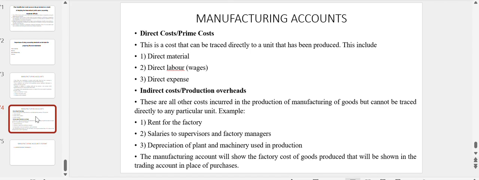But a laborer who is working directly, the wages you pay will be under direct labor. Rent for factory, depreciation of plant and machinery in the production process, this again forms part of the indirect cost. These are costs that are incurred, yes, but cannot be directly traced to the production process.